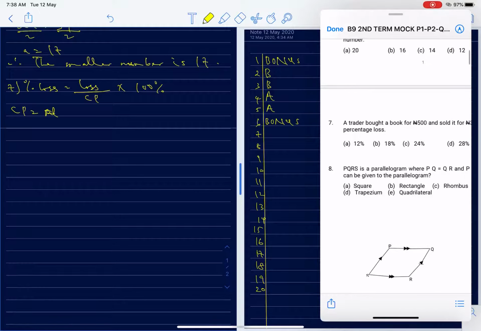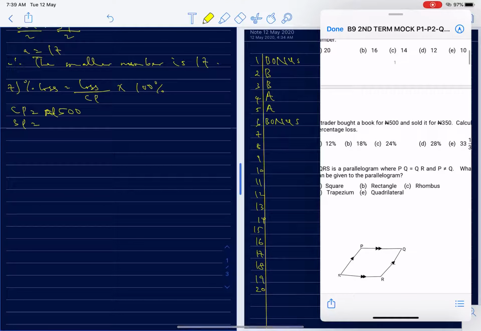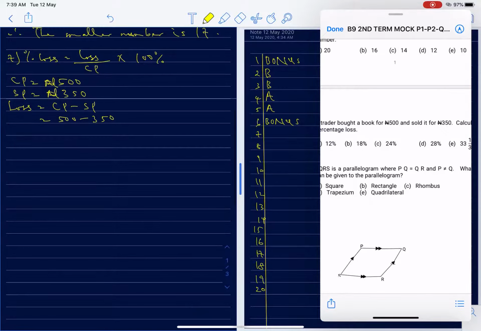You bought the book for 500 naira and sold it for 350 naira. So that means loss is cost price minus selling price, which is 500 minus 350, and that's 150 naira.